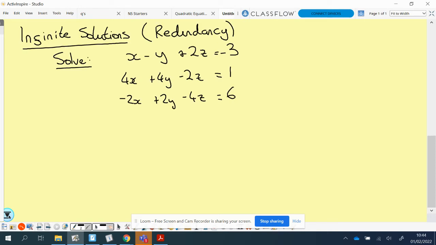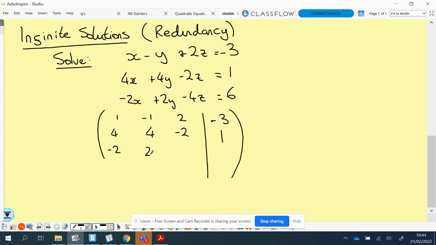We're going to create an augmented matrix and insert our coefficients. So we've got 1, minus 1, 2, minus 3, 4, 4, minus 2, 1, minus 2, 2, minus 4, 6. So that's the augmented matrix I've got to try and solve here. You okay with that, folks?